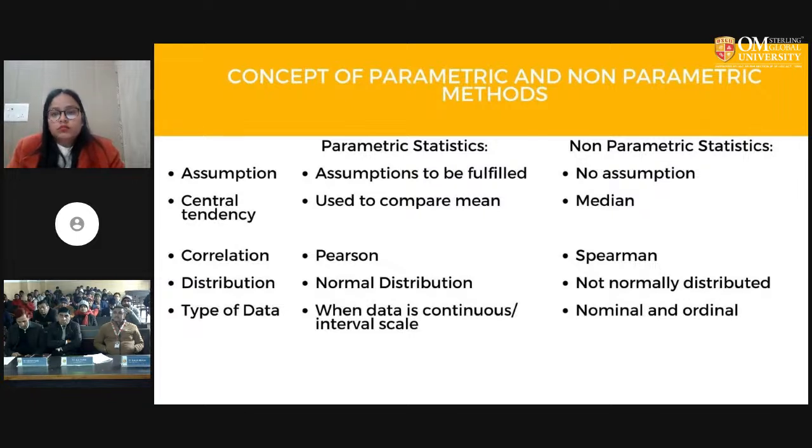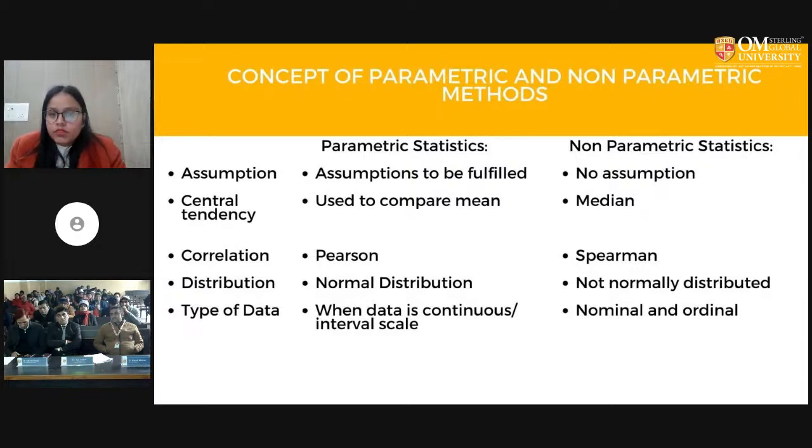Now, talking about the next concept, which is very important while selecting your statistical tool, is differentiation on the basis of parametric and non-parametric methods. Parametric statistics is basically based on assumptions. Before applying the parametric tools, you have to fulfill certain assumptions.